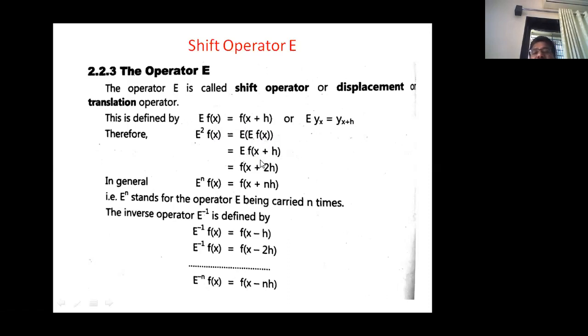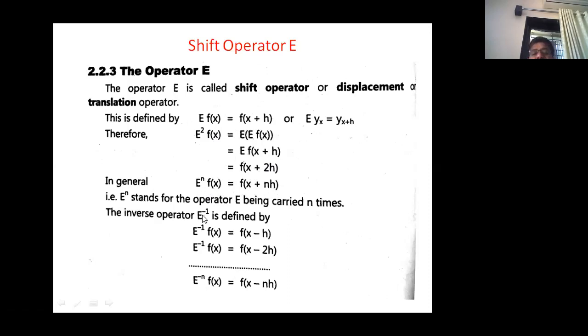And then E of f(x+h) is f(x+2h), the value at the next point. So the next point of x+h is x+2h. If we find E cube f(x), E square f(x) is f(x+2h), and then E cube f(x) is f(x+3h). And therefore E raised to n f(x) is f(x+nh).